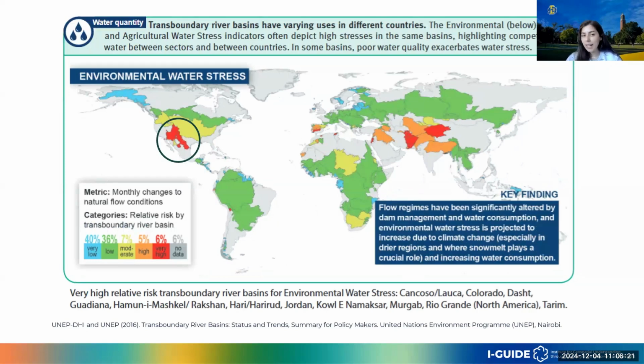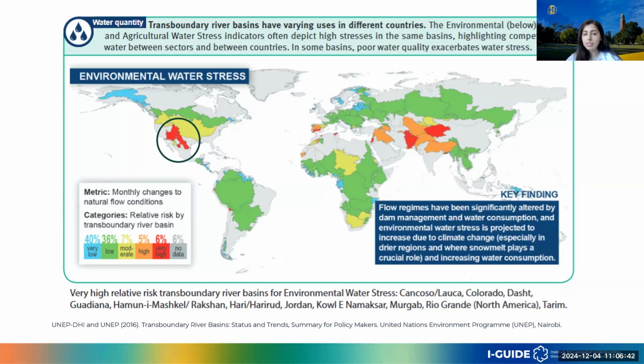And there are many factors that are worsening these transboundary challenges. And these factors, which are environmental, human, and agricultural water stresses, are just adding up to the risk of these transboundary conflicts.